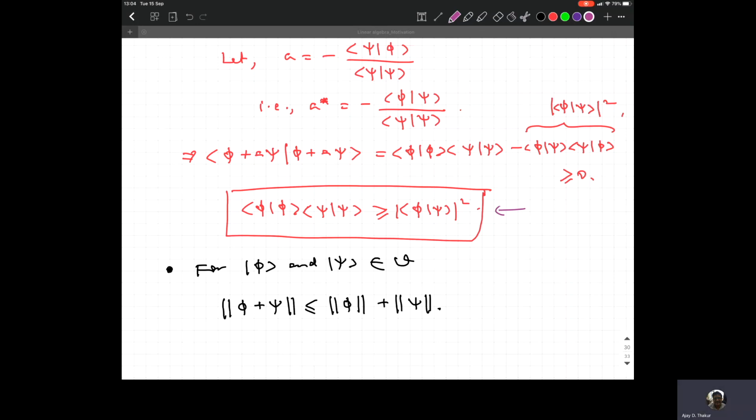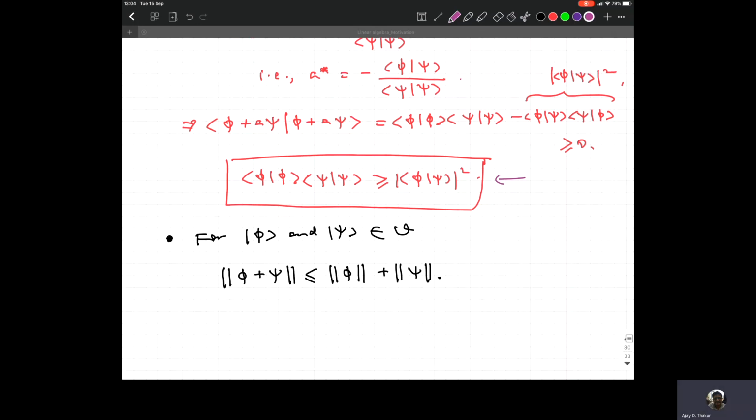Similarly, for addition, there is a follow-up rule which is relevant. For two kets psi and phi contained in the linear vector space, the norm of the added vector, phi plus psi, is always going to be less than or equal to the sum of norms of phi and psi, and this is the famous triangle inequality.